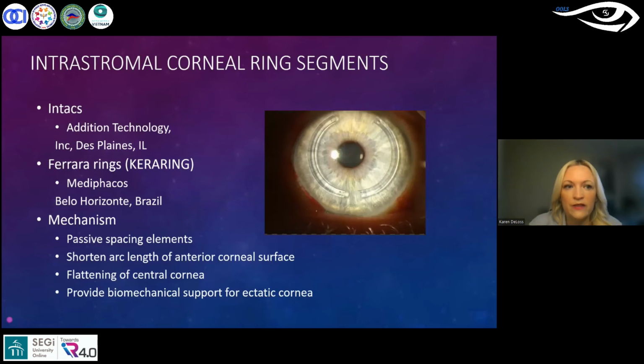Intacs, these are another surgical option. I am not a fan. I will come out and say that right away. The idea is that you've got these little plastic spacers inserted into the cornea that can flatten the cornea and provide better support for it.